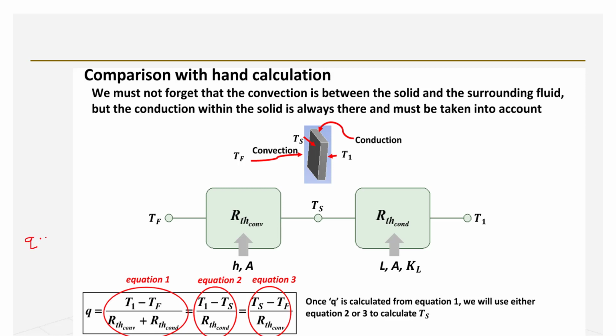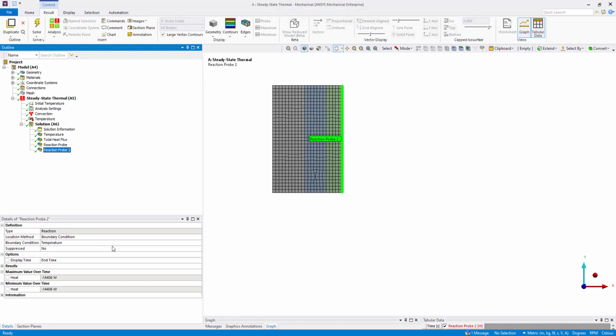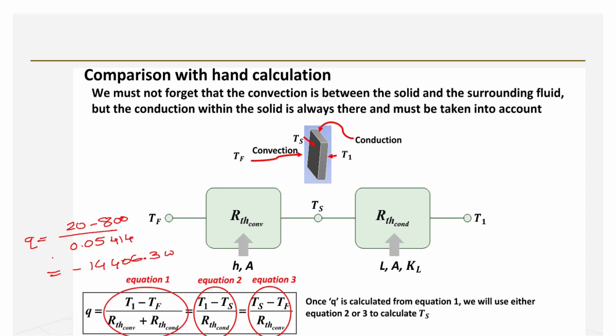So Q is equal to T1 is 20 degrees, TF is 800 degrees Celsius, divided by 0.05414. If we calculate, we get minus 14406.3 watt, right? That's the same as what we got in answers. In answers also we got 14406, and in hand calculation also we got 14406.3 watt.